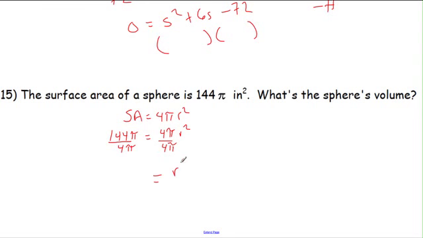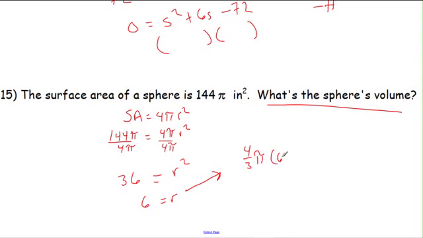So let's see, what's that going to be? R squared is 36, so R is going to be 6. All right, now, you got to be careful here because it's not asking for R. It's saying, what is the sphere's volume? So then you take that and actually plug it into 4/3 pi R cubed. Okay? Then you spit that out and you get the volume.